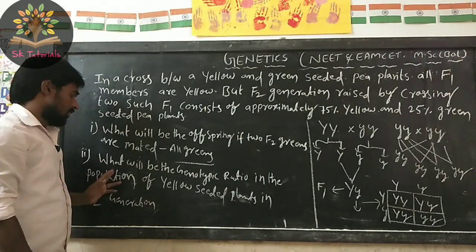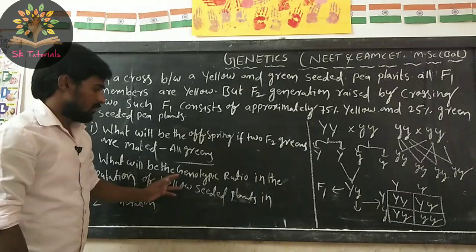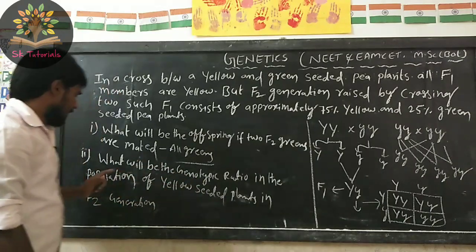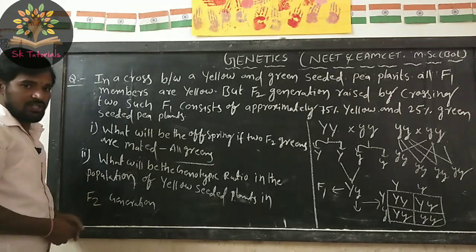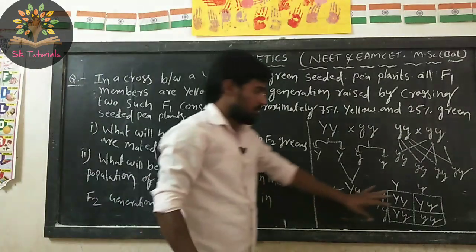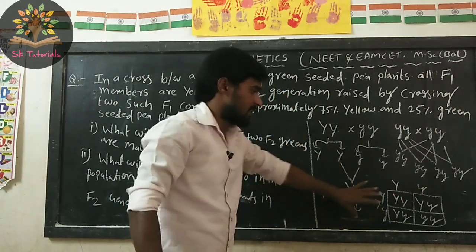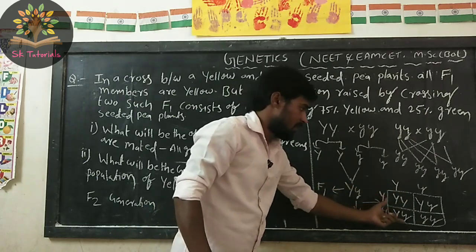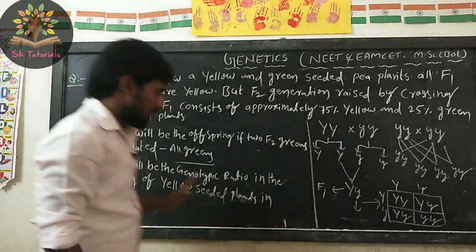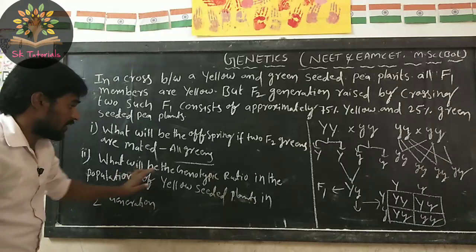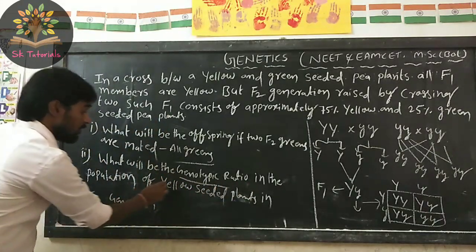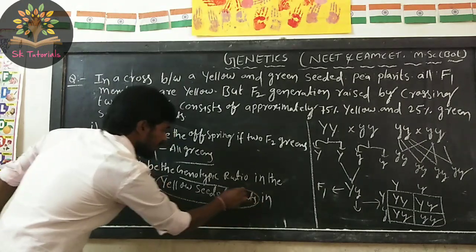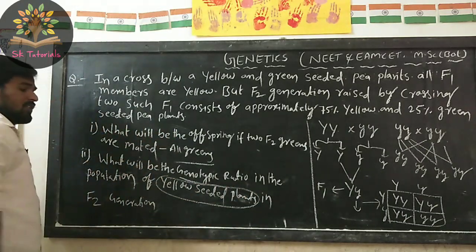Next question. What will be the genotypic ratio in the population of yellow seeded pea plants in the F2 generation? This is the F2 generation. We have to see only this box. What is he asking? What will be the genotypic ratio in the population of yellow seeded pea plants? He mentioned particularly yellow seeded pea plants.